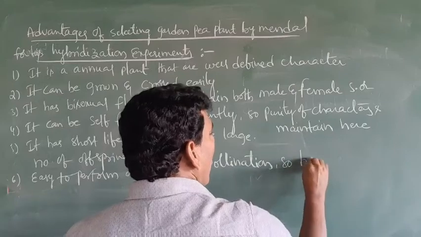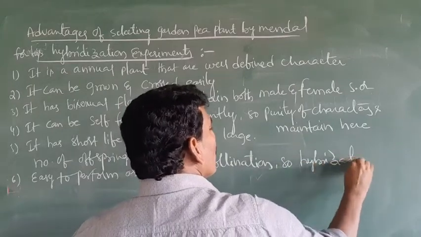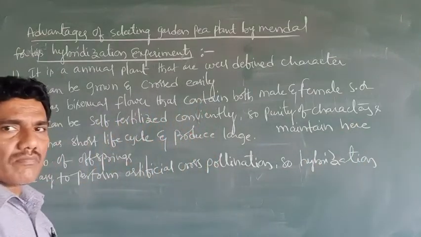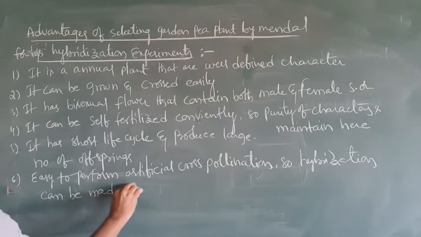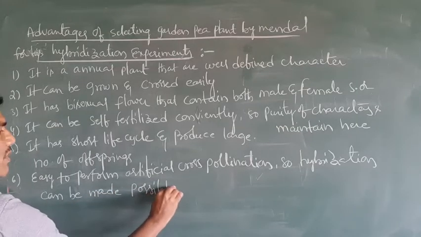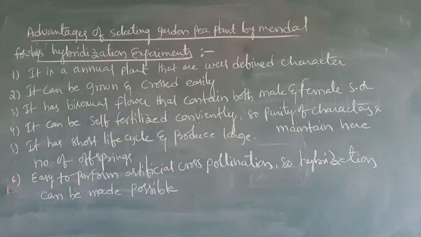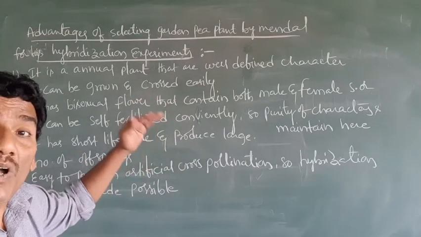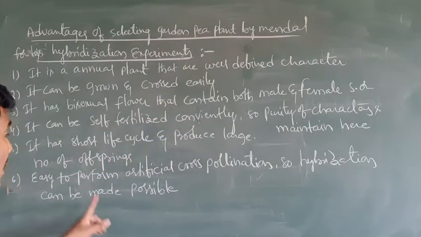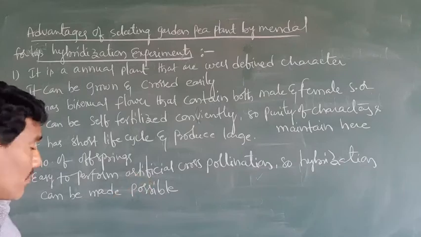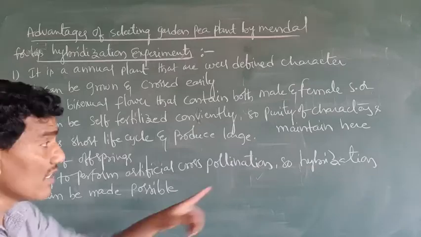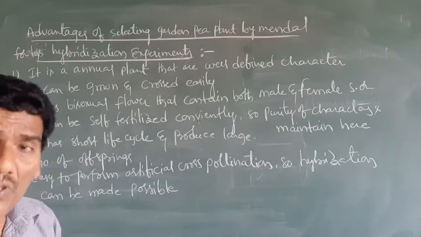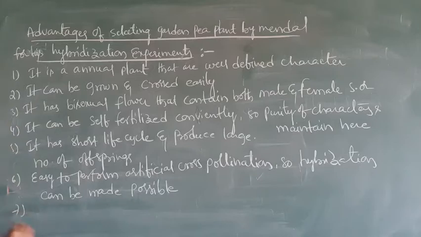So hybridization can be made possible. Actually, due to the presence of these advantageous characters, performing artificial cross pollination is very easy. Finally, so hybridization can be made possible. Finally, easy to cultivate. That is also mentioned. It is easy to cultivate.